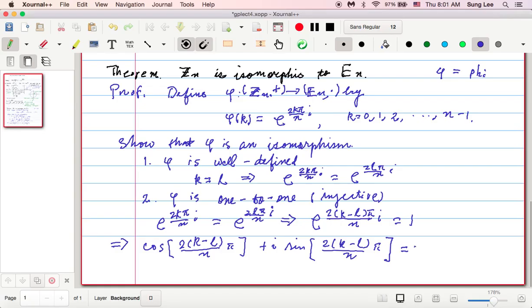The right-hand side is a real number, so the imaginary part equals 0. So by comparing these two complex numbers, we get the following.